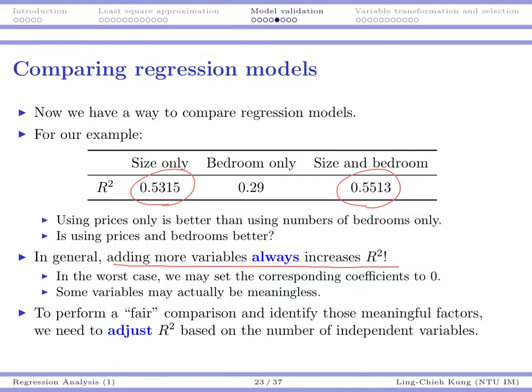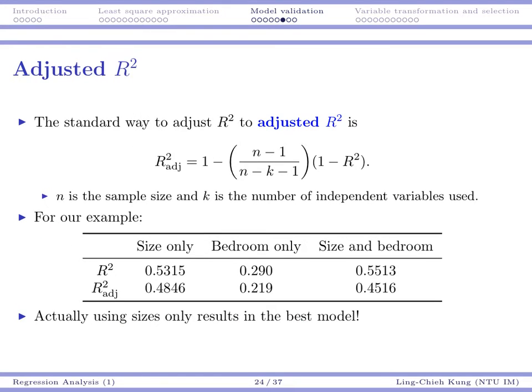If we want to do that, we need to somehow adjust R-square based on the number of independent variables. When you use more independent variables, your R-square must increase, so we need to adjust it based on the number of independent variables you use. So how to do that?